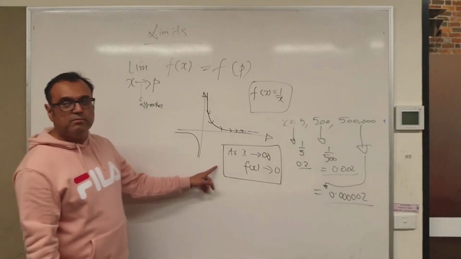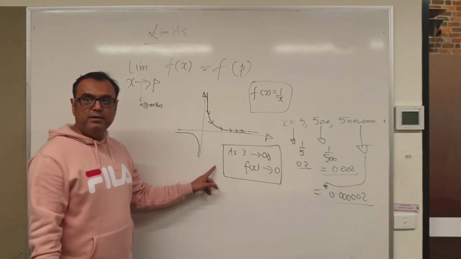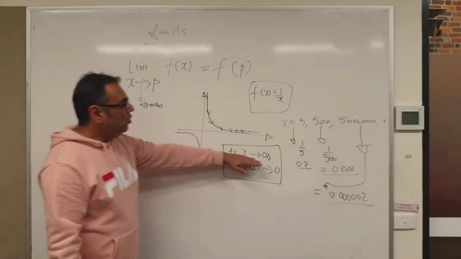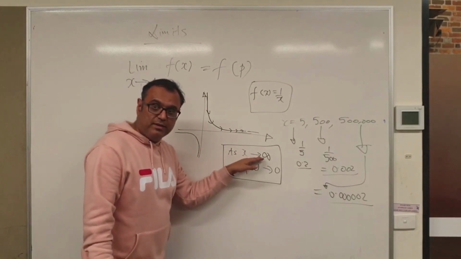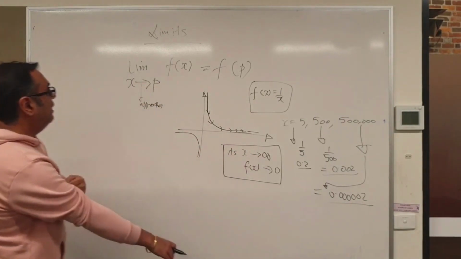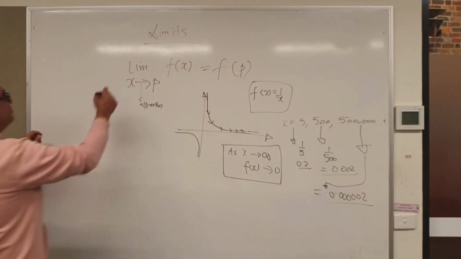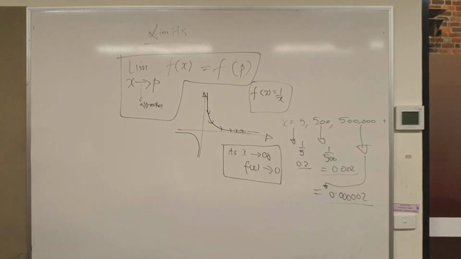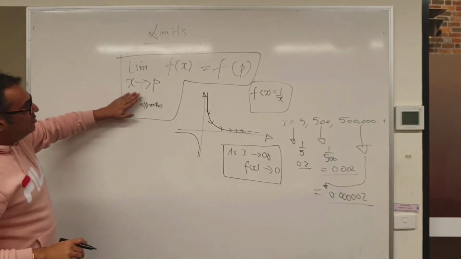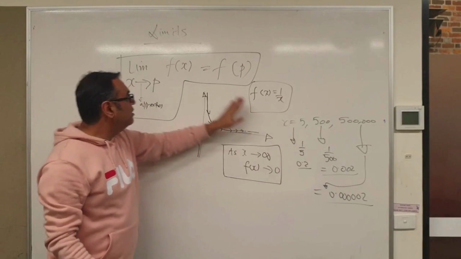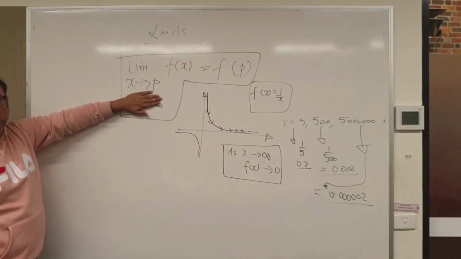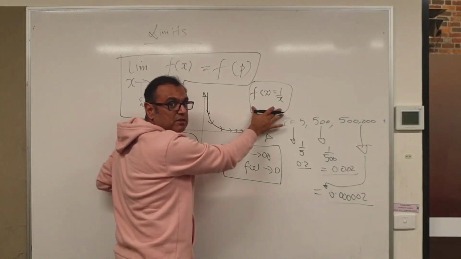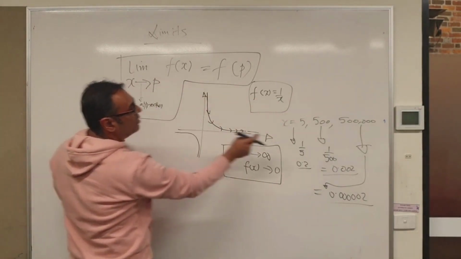Does that make sense now? So this means approaching. Now, coming back to limits. What we have done here is exactly what is stated here. Let's say my f of x was this function, and p was one of these values.